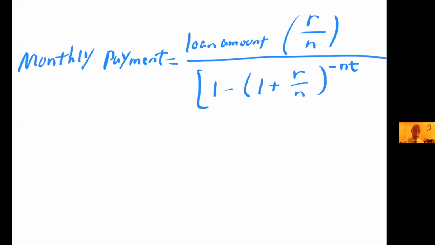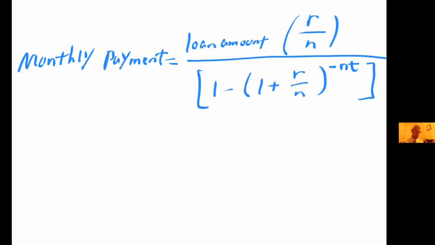That's very important. Since we are paying monthly payments, we know that n must be 12. So let's go ahead and continue.